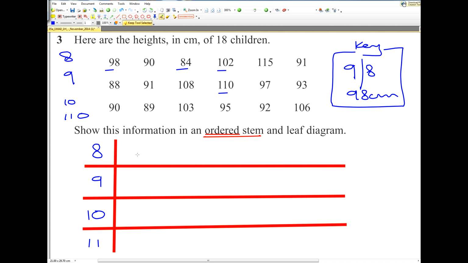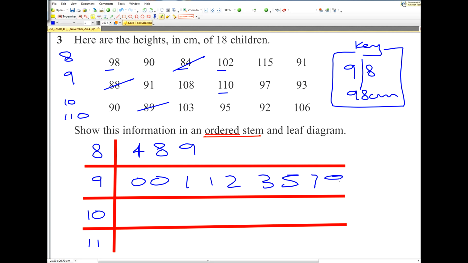Let's just quickly put them down here rather than going through it manually. The first line we should have 8. So there are 4, 4, 8, 9. Where did that come from? 84, 84, 88, and 89. And then we put them in order. The next line we should have 90, another 90, 91, 91, 91, 91, 92, 93, 95, 97, 98.